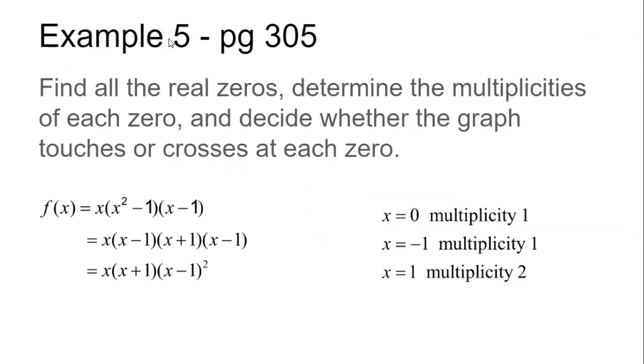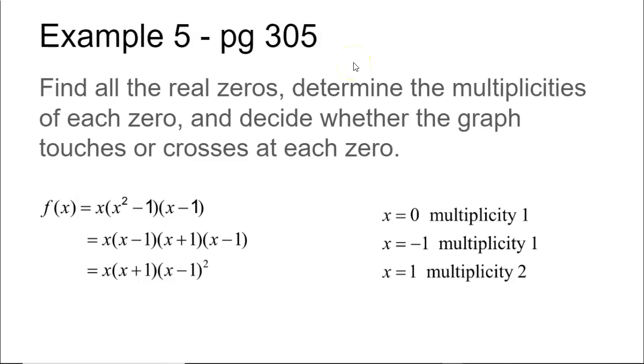And that has to do with when we talk about multiplicity, which is just the number of times that that factor is represented in the function. So if I have this function here, x times x squared minus 1 times x minus 1, and if I factor x squared minus 1 into x minus 1 and x plus 1, I can regroup this x minus 1 and this x minus 1 together.